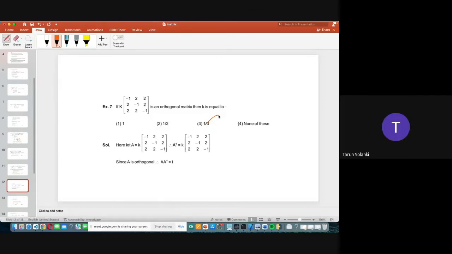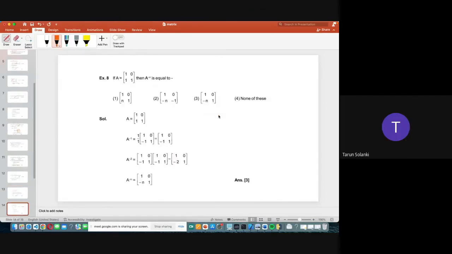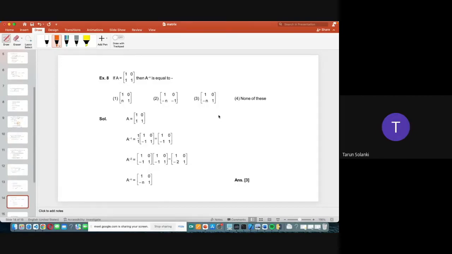Okay, next problem. If A is 1 0 1 1, then we need to find A to the power minus 1, which is equal to what? Okay, so given A as 1 0 1 1, let's find out the A inverse, A to the power minus 1. So 1 by 1, 1 0 minus 1 1, so A to the power minus 2 will become 1 0 minus 1 1 times 1 0 minus 1 1, which becomes 1 0 minus 2 1, right?